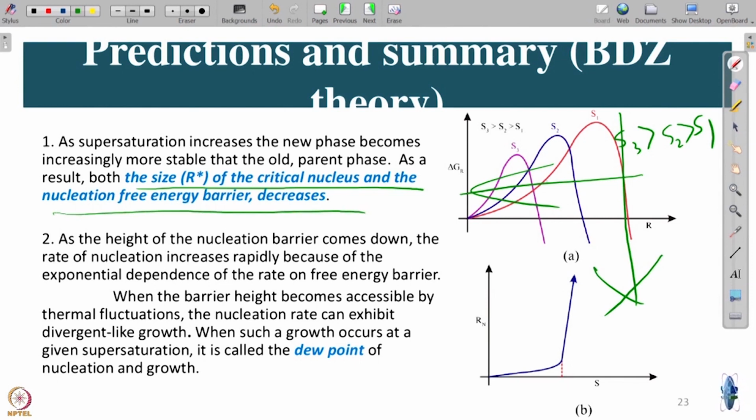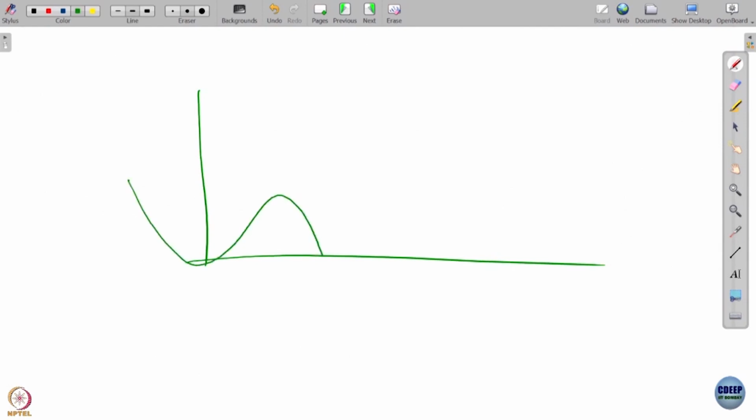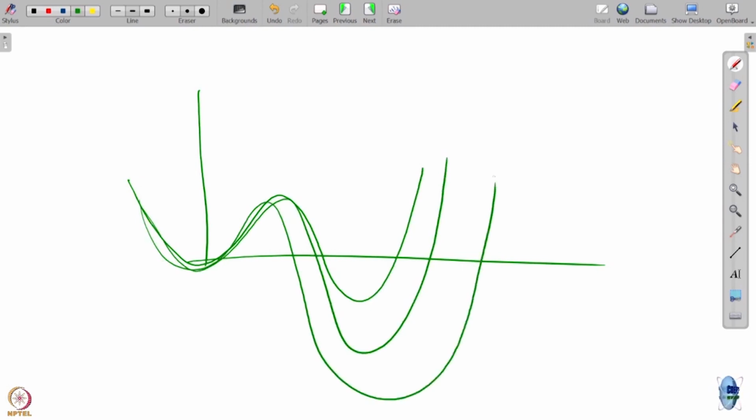The reason is that if you transfer into the free energy landscape, then as you increase the supersaturation, this delta GV is increasing.